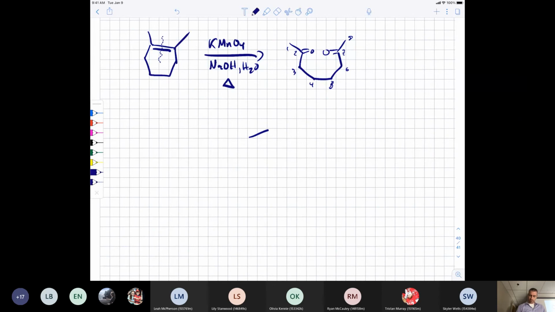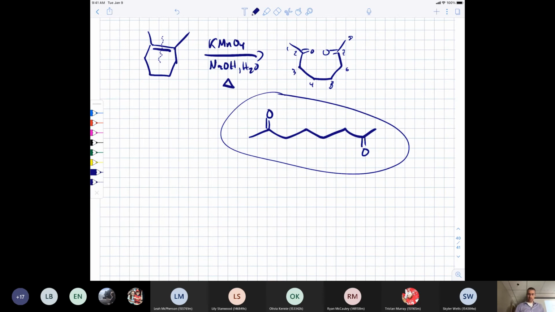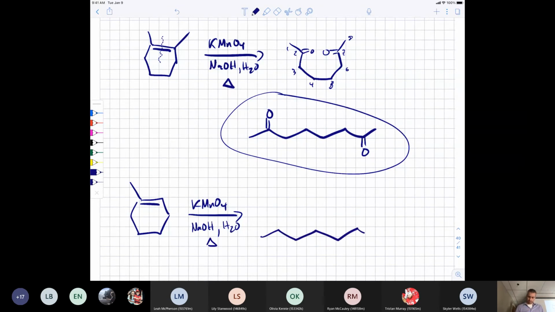That's how we would probably more likely draw this, like a zigzag. So this is what the product of that reaction would be. If instead you had this one, you get this.